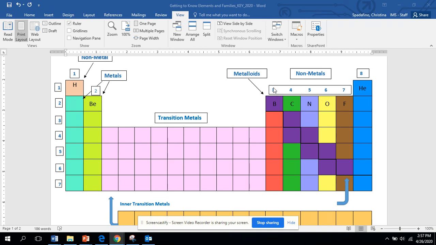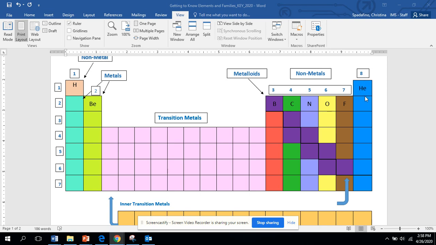Sorry, that's actually family 13, not 3. Nitrogen is, this whole column has 5 valence electrons, 6 over the oxygen because this family has 6 valence electrons. Fluorine has 7 valence electrons.